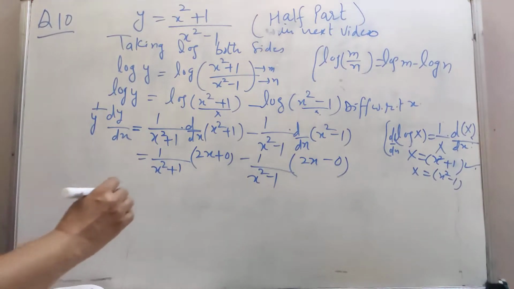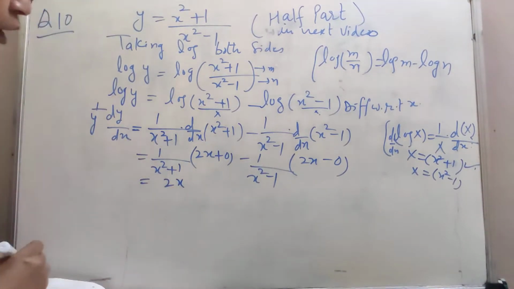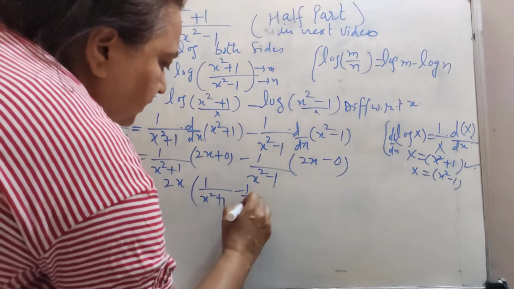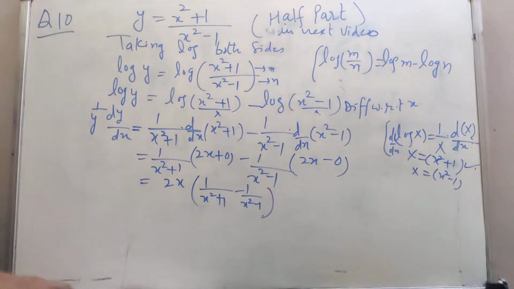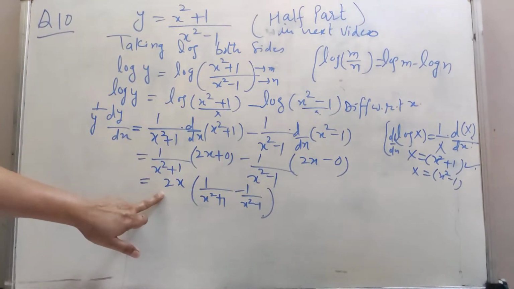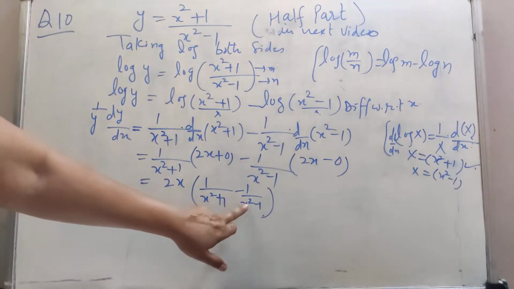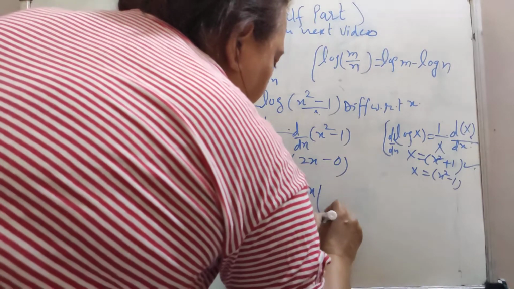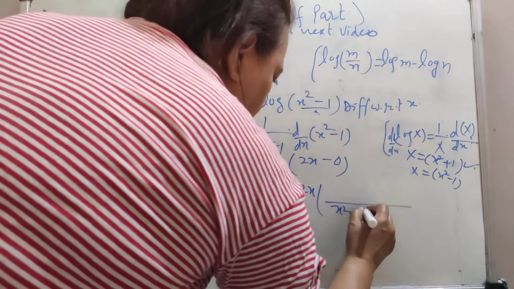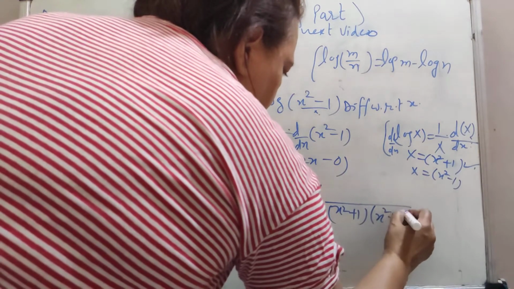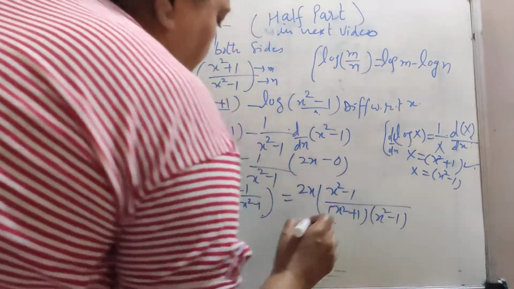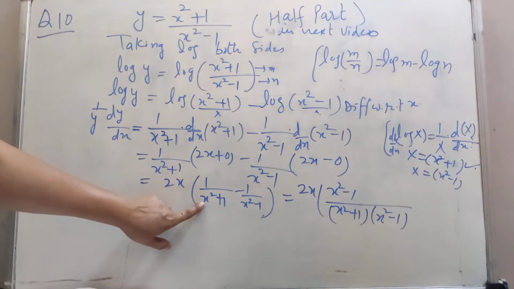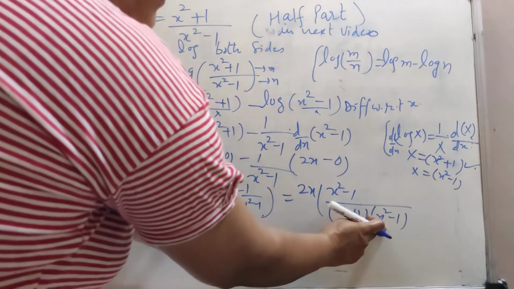Okay, so I take 2x common here, and inside it will come 1 over x square plus 1 minus 1 over x square minus 1. So solve it. 2x, and the LCM is x square plus 1 into x square minus 1. Since x square plus 1 is present in the first term, we multiply by x square minus 1.